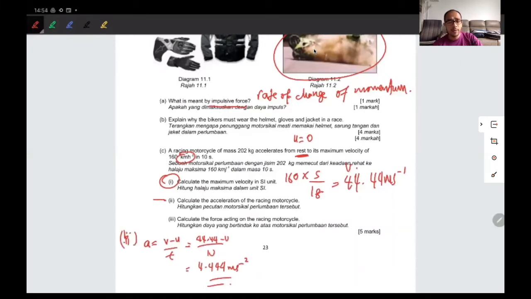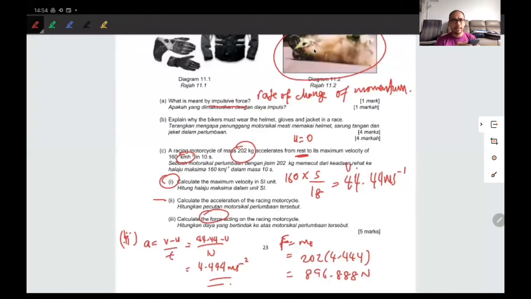And then the same question as just now, calculate the force. Force equals ma. Obviously the m is 202, so 202 times 4.444, you get 896.888 newtons.